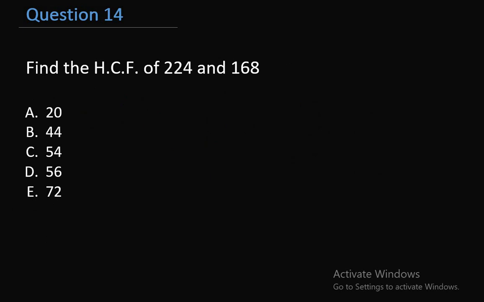Question 14. Find the HCF of 224 and 168.